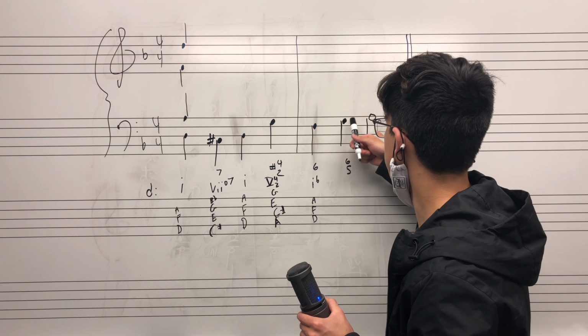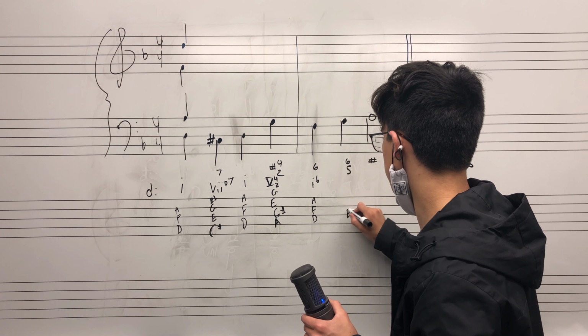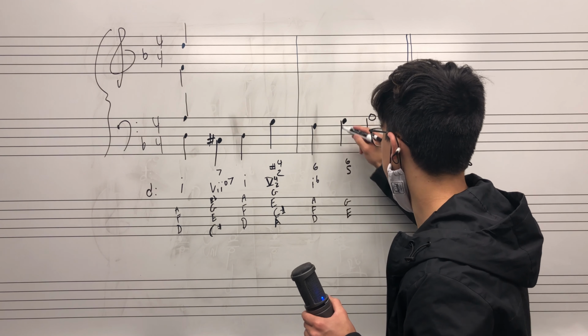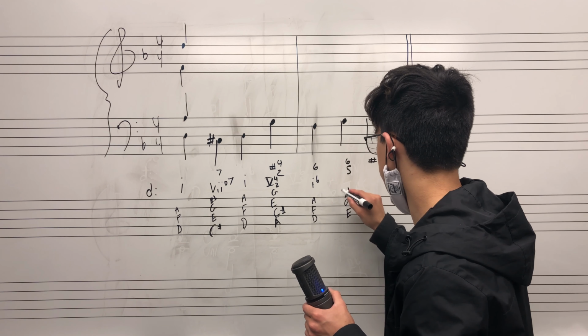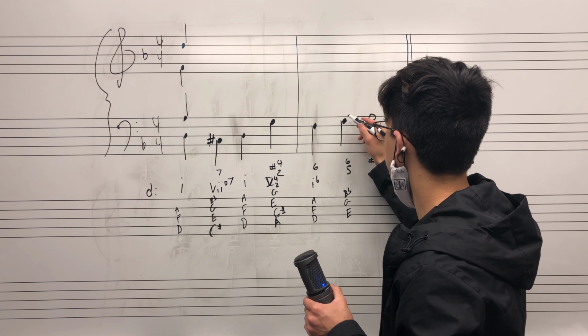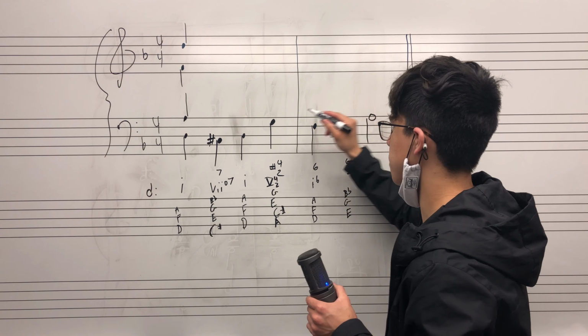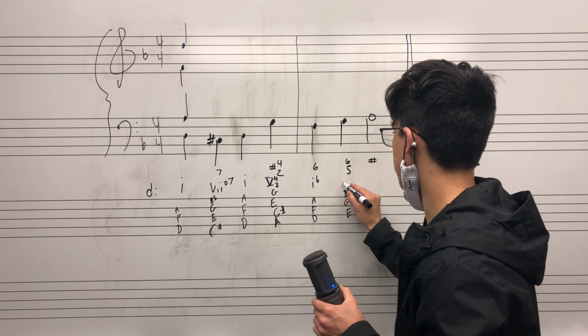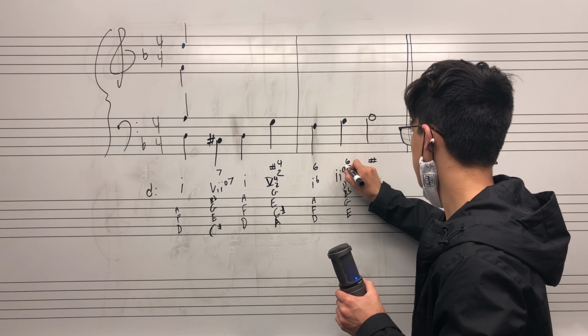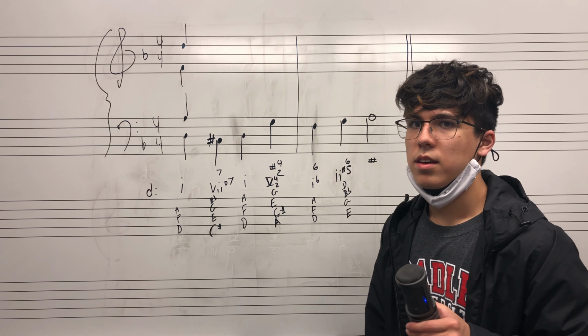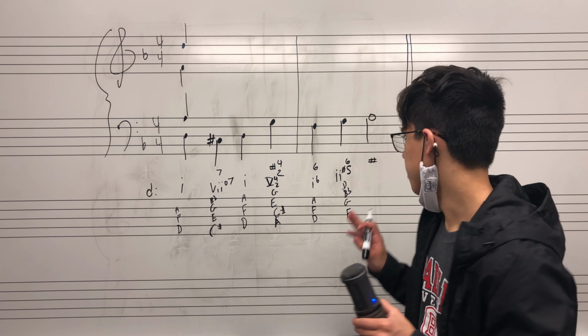Let me just write it out, this might be confusing. So E, G, B flat, which is in our key, which is a diminished triad, add just a D and that makes this half diminished, so it's a 2, half diminished 6-5. Kind of confusing, but just bear with me.